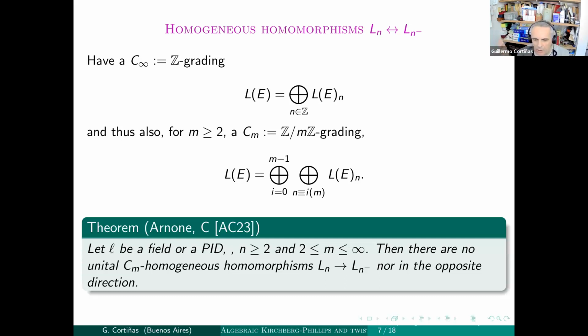They could still be isomorphic in a non-graded way, and in a way that does not preserve the star, or does preserve the star, but is not defined over the integers. Okay, so this does not solve the problem. It simply indicates that if there is such an isomorphism between L2 and L2 minus, it will be very strange in some sense. I mean, at least it points in that direction.